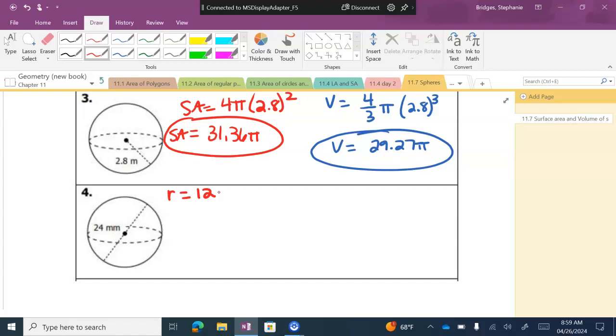We're using the same 2 formulas over and over again. And don't forget to put pi behind your numbers.